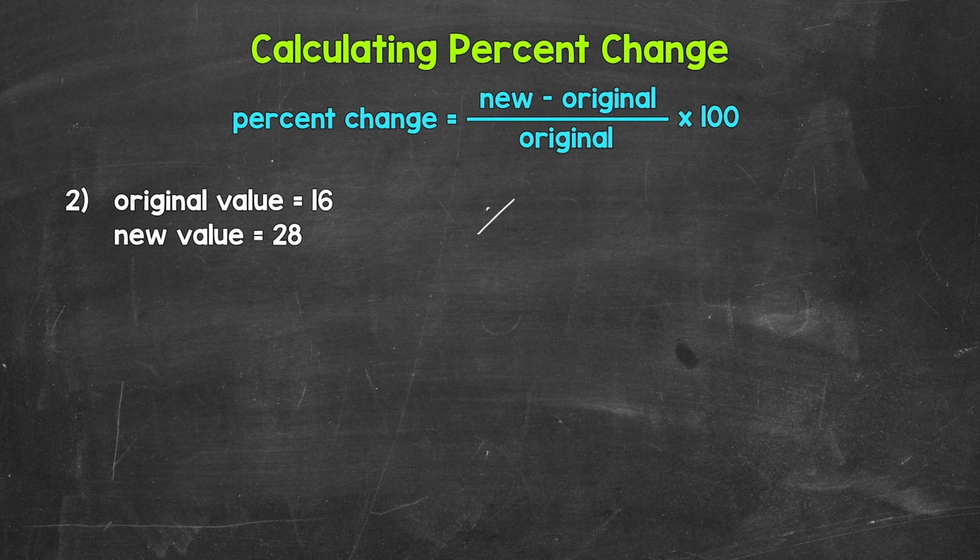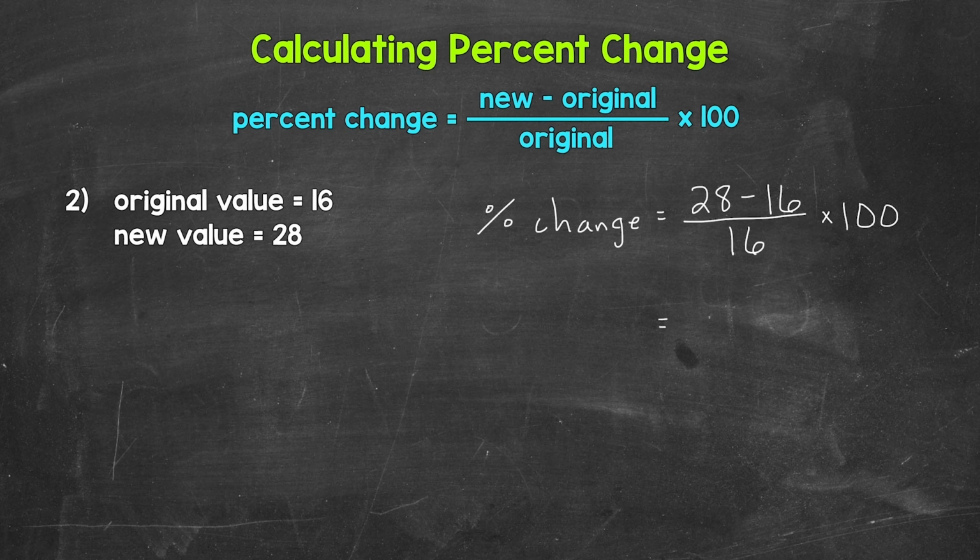So here for percent change, we need to do the new value, 28, minus the original value, 16, divided by the original value, 16, and then we multiply by 100.